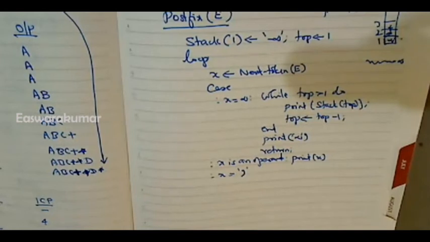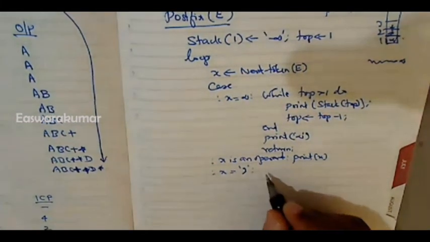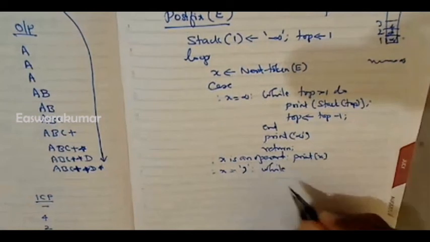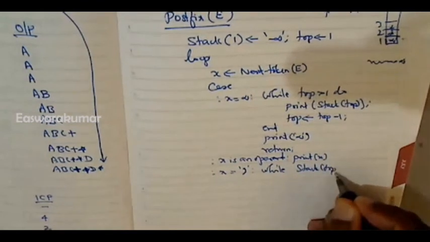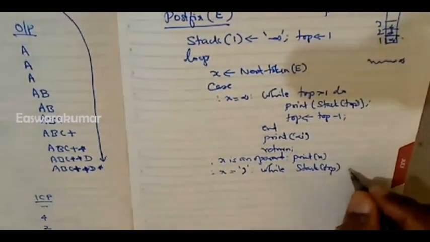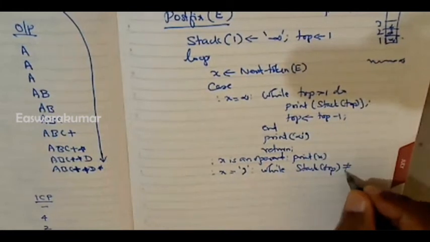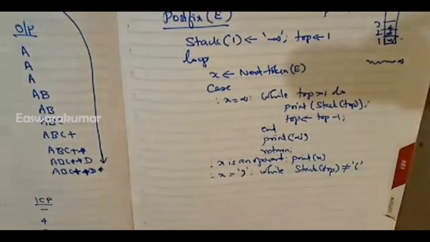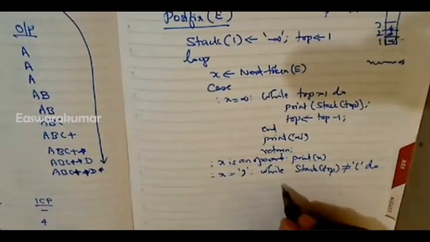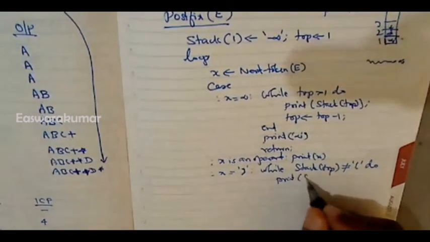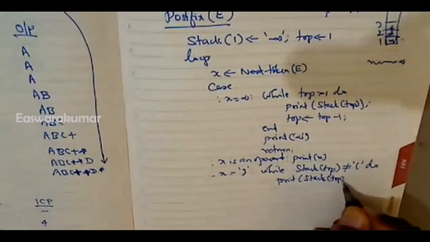So if it's a right parenthesis, what have we done? We have removed all the operators up to getting a left parenthesis. So once again we can put a while statement: while stack of top is not equal to left parenthesis, that means until getting the left parenthesis, what we have to do is print whatever is in the stack of top.